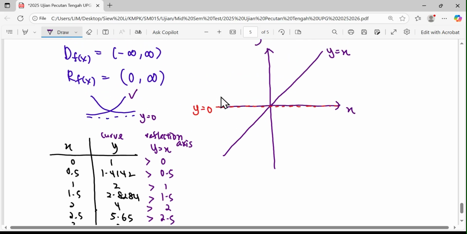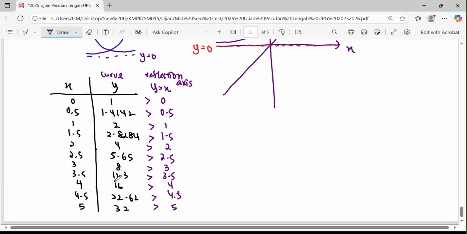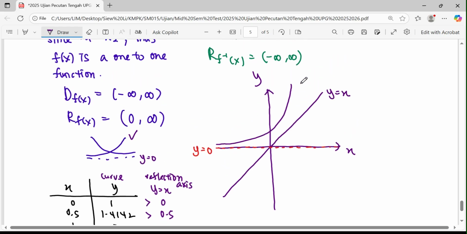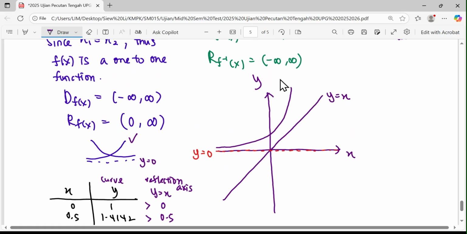It means that your graph is shooting up and up. From the beginning it differs only a bit, but at the end the difference is a lot. It means your graph is going higher than your reflection axis. So that will be your correct function.